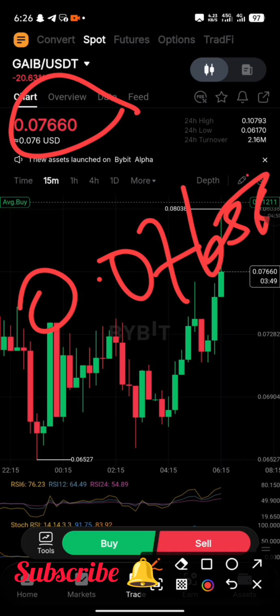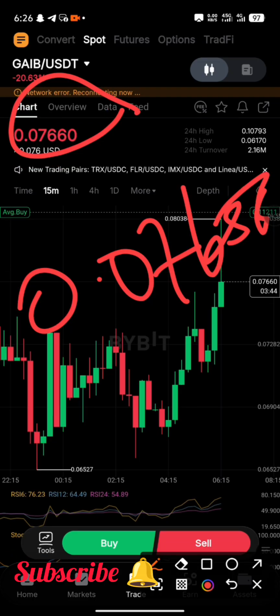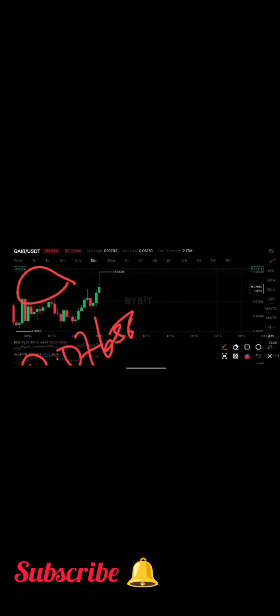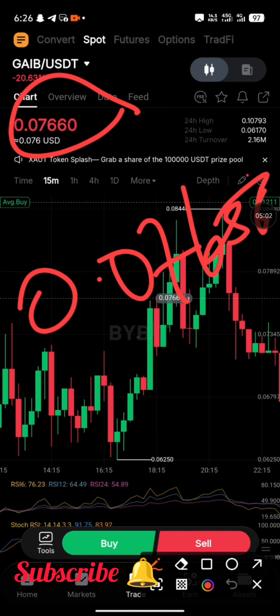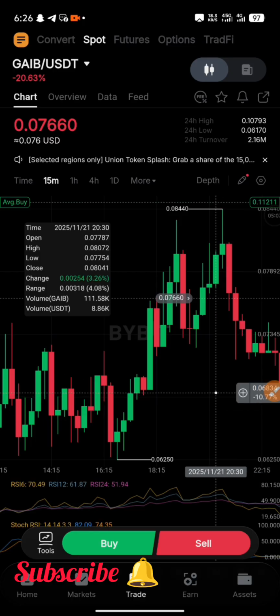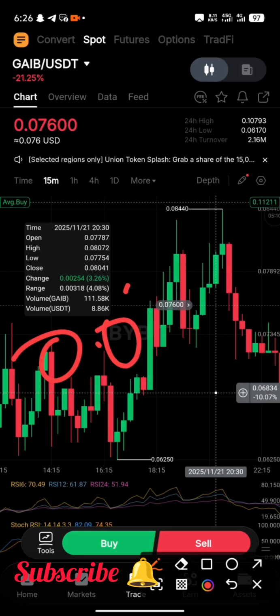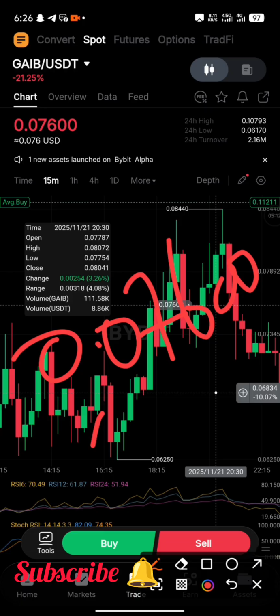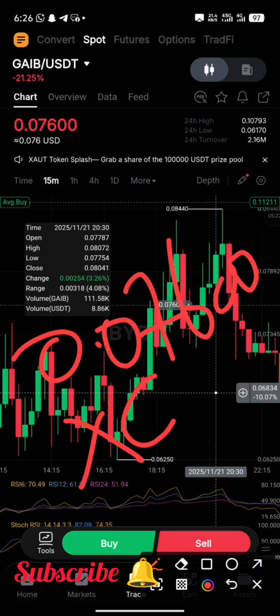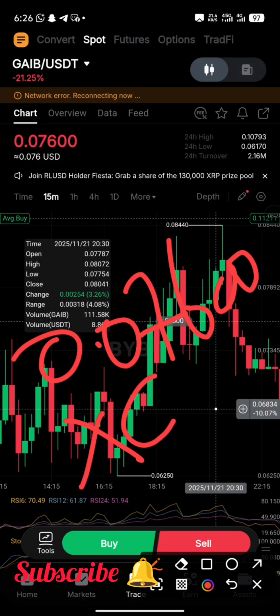So the market cap is equal to the current price multiplied by the circulating supply. If the current price is this, we multiply it by the circulating supply, and the circulating supply now is over 204 million.